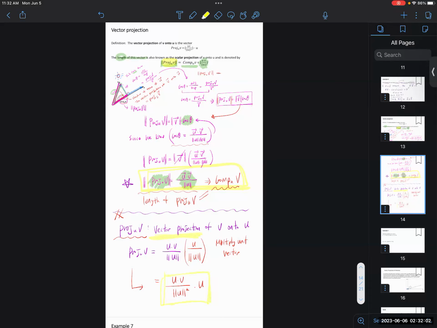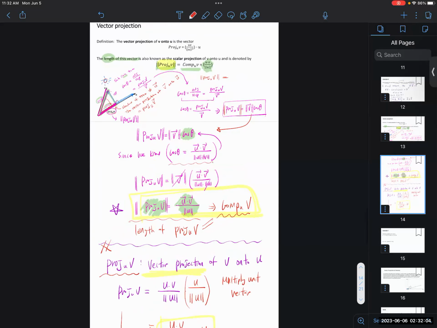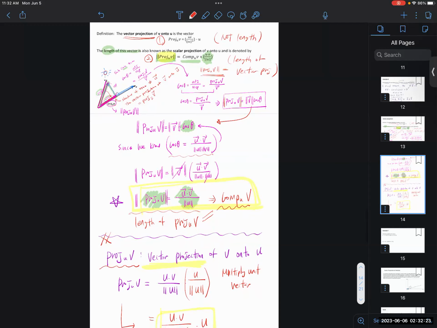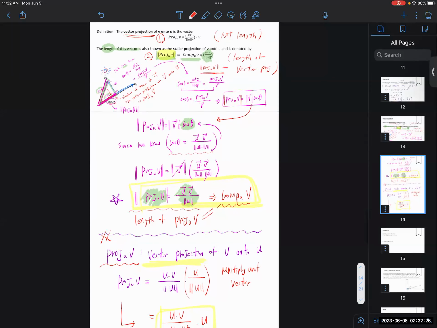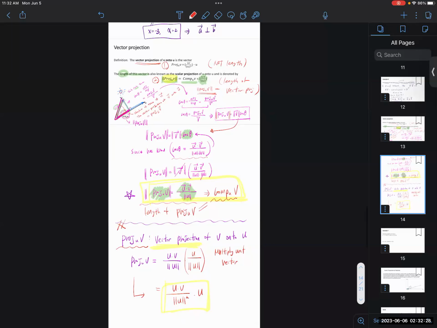So we have two formulas that are given in the textbook. Number one, number two. This is not length. This is just vector projection. Now the second one is the length of the vector projection, which is that symbol. So think about it. A little bit of work, but you can simply use that formula that is given.